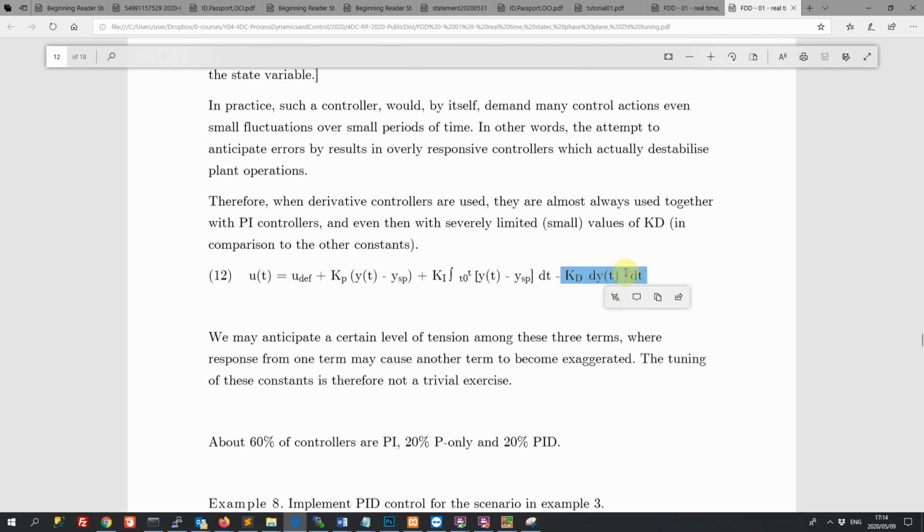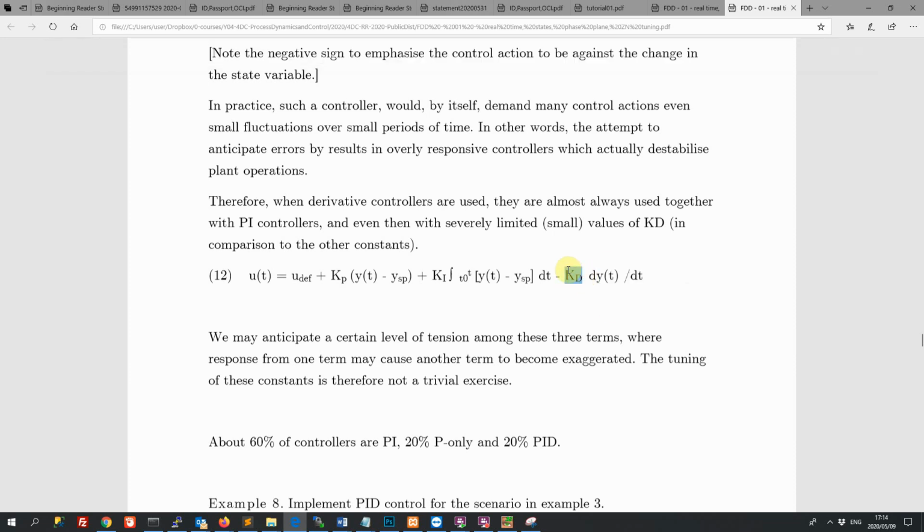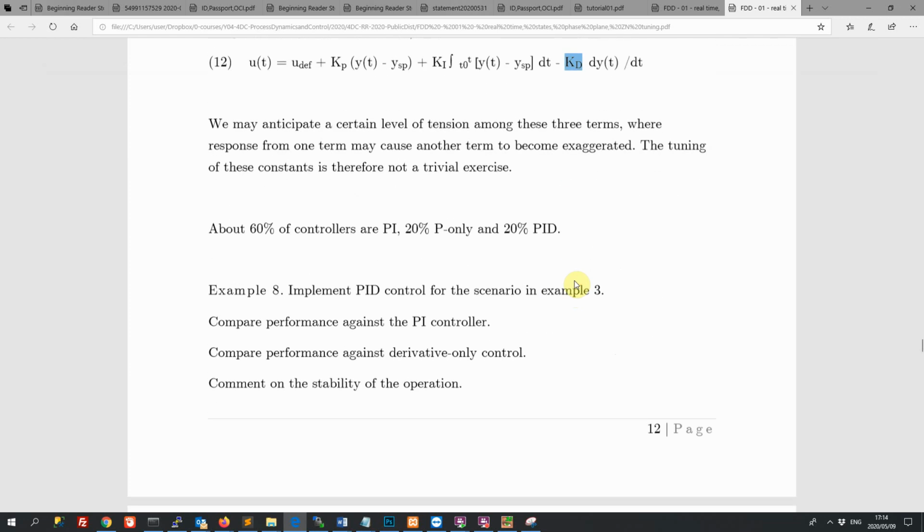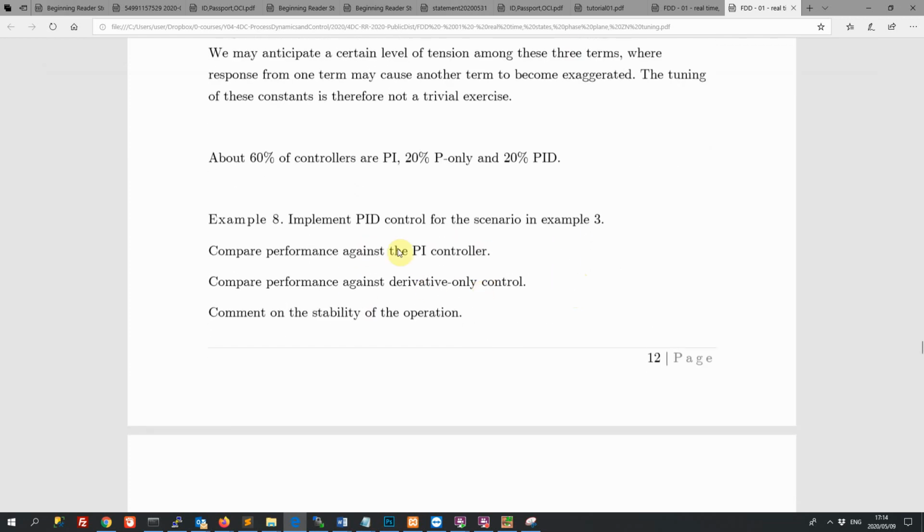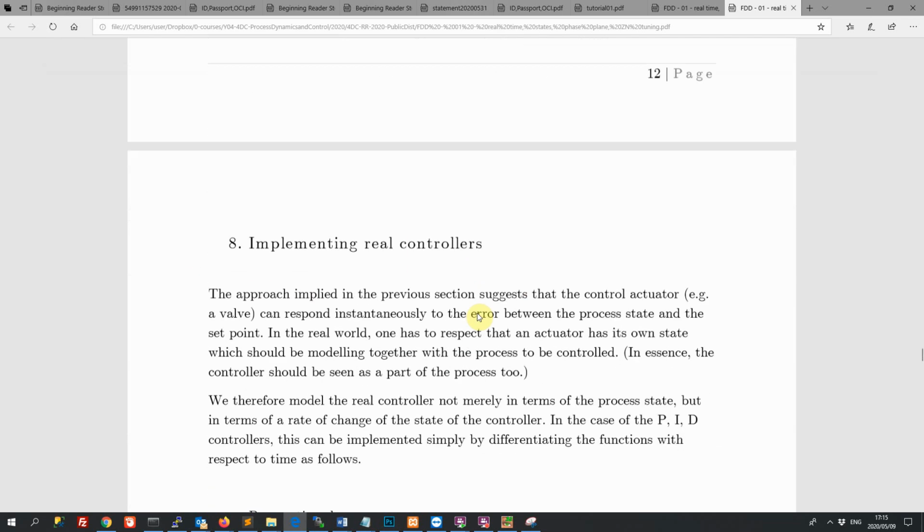And so that might be a source of instability. So we have to be quite careful with this. We can control how reactive we are to that by controlling the derivative constant here. Right, and it says implement that. You'll see in the tutorial that we do this in quite a bit of detail.